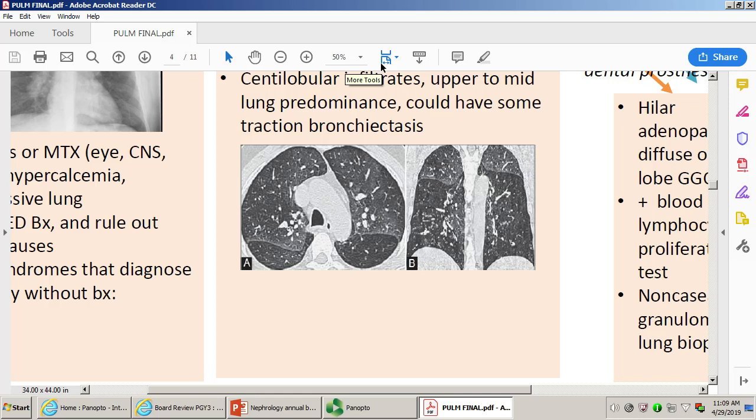So remember, upper to mid lungs, right? Think of it as you're breathing in that allergen and it's rising to the top of your lungs. So if you're seeing imaging with a lot of lower lobe disease, then I would maybe rethink this as the diagnosis.